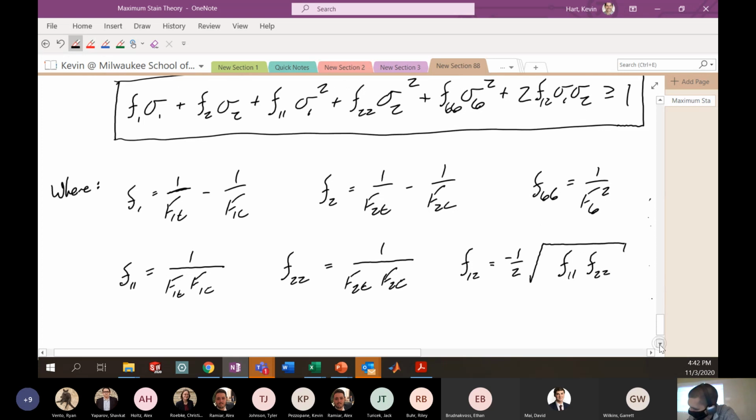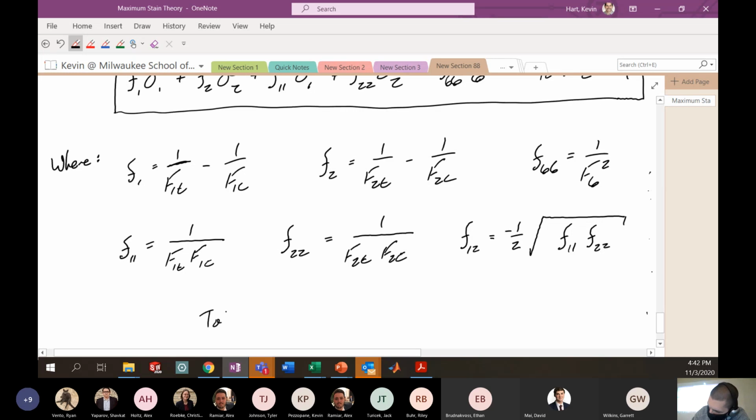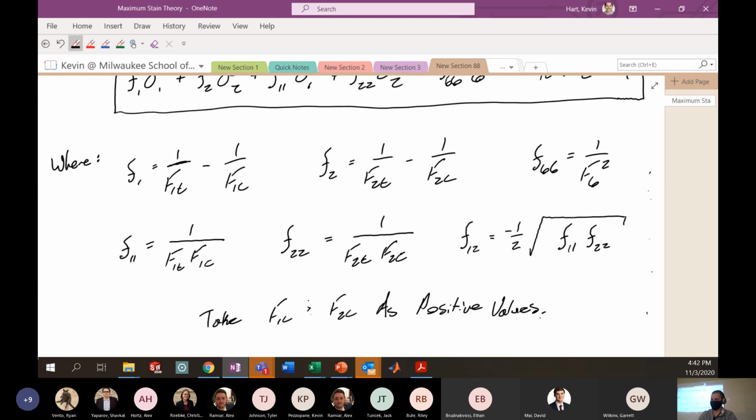And all these above. You want to take F1C and F2C as positive values. So I know sometimes we talk about in compression, you use negative values. But in the equations above, use F1C and F2C as positive.